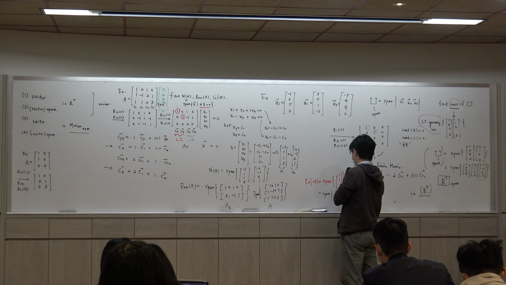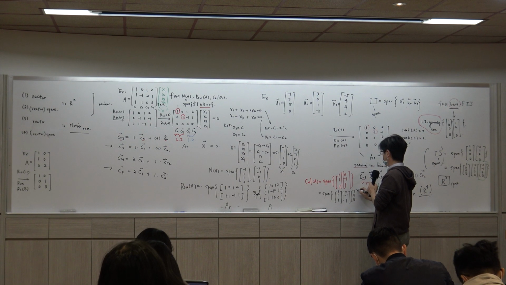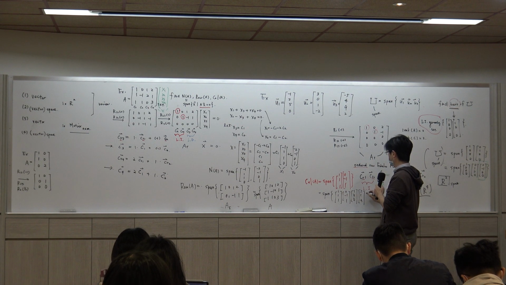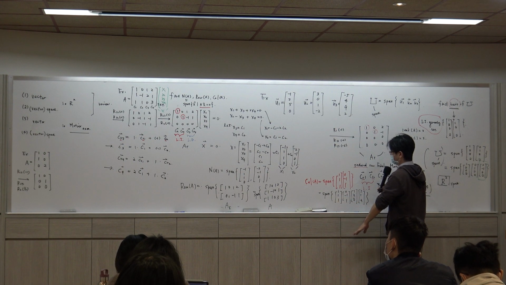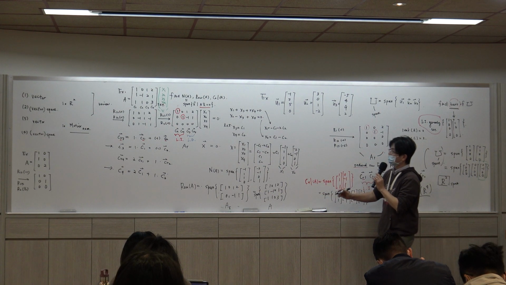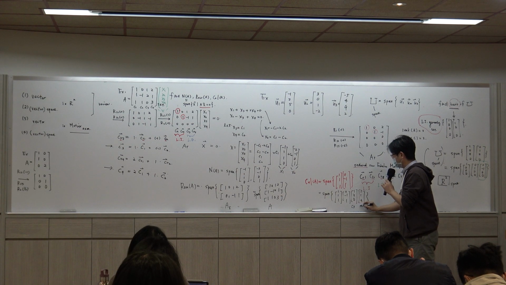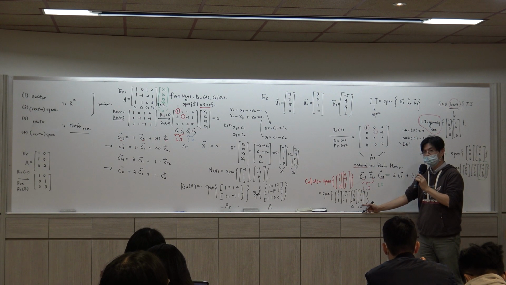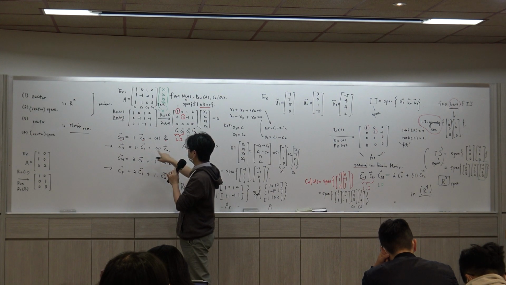We can use it's also fine to use four vectors to span the color space of A. But as we mentioned here, the C3, C4 color vectors are linearly dependent, because C3 equals a linear combination of C1 and C2.